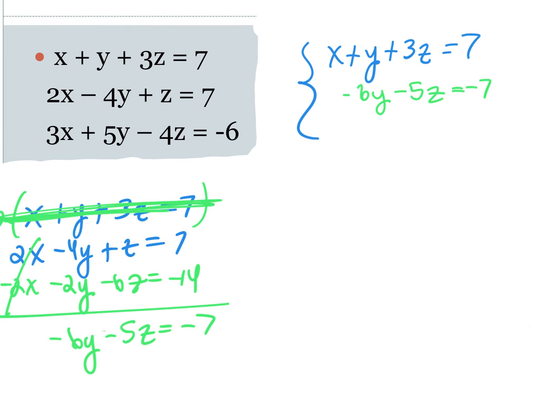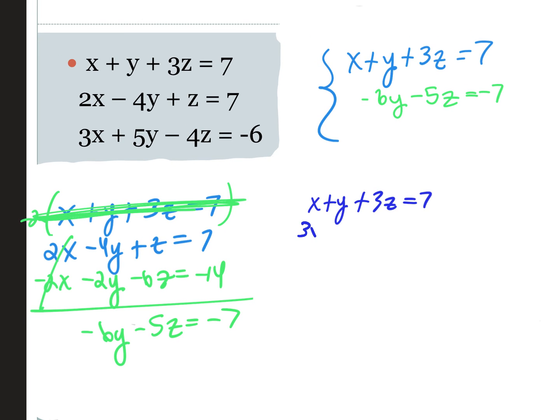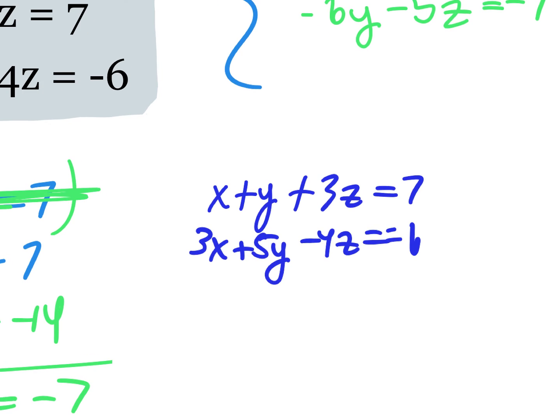So now we're going to take 1 and 3. x plus y plus 3z equals 7. 3x plus 5y minus 4z equals -6. What am I going to multiply the top by? -3, okay. So -3x minus 3y minus 9z, right, equals -21.